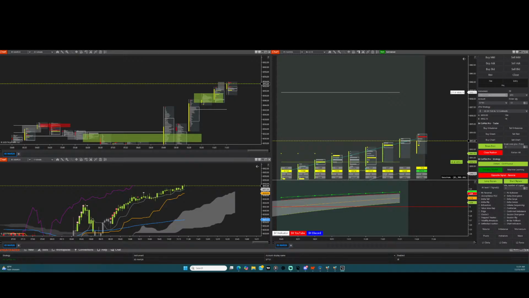I don't have it here. Let me see if it's going to work. I'm just going to try something. I don't know where I have my indicators. What did I call that here? I may not have it loaded on this for it to show you, and I don't think I have all of it working here.